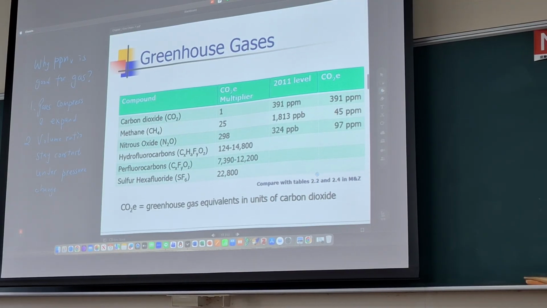The reason I want to review these calculations is because we will be dealing with the greenhouse gases, including carbon dioxide, methane, nitrous oxides.